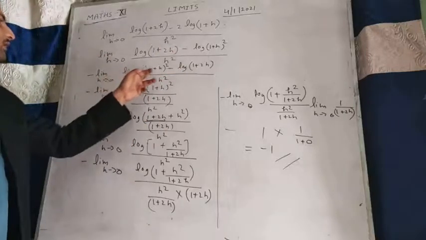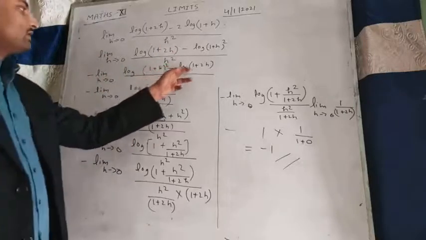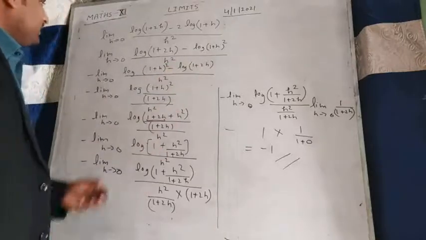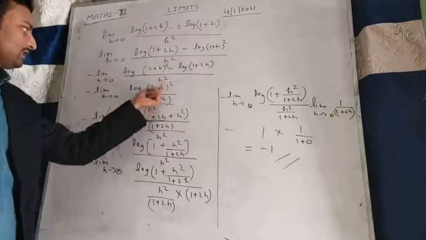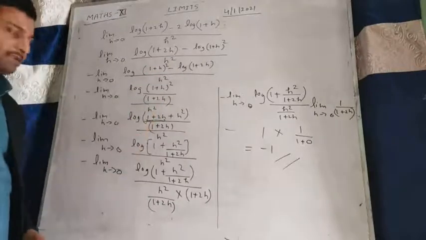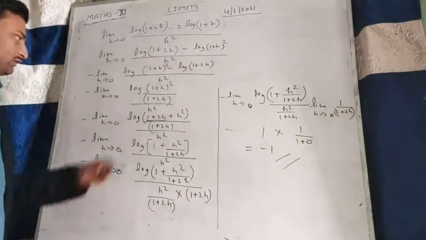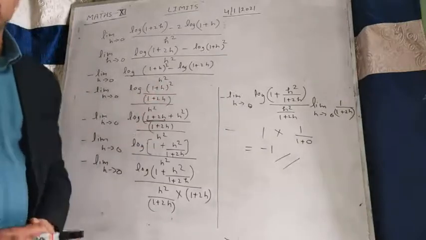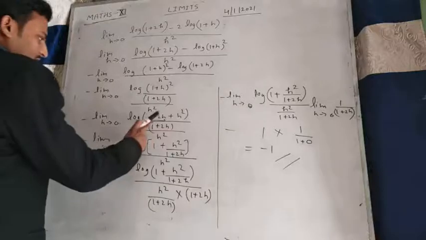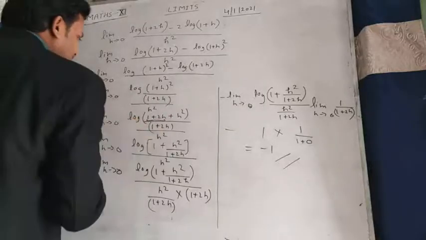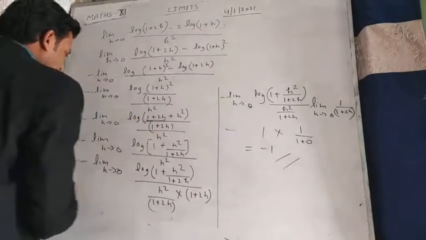We get log 1 plus h square minus log 1 plus 2h. Now this is log m minus log n, so we can write log m by n and this is our h square. Now, student, this is a plus b whole square, so we will expand this. So we write log 1 plus 2h plus h square by 1 plus 2h by h square.